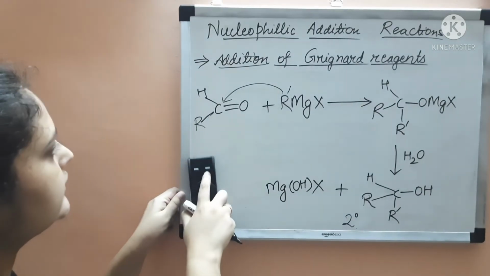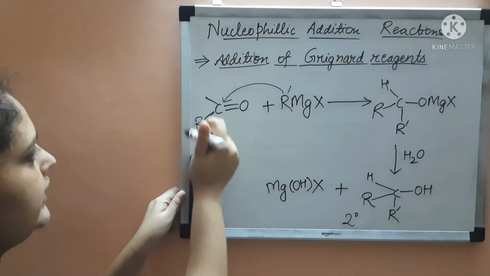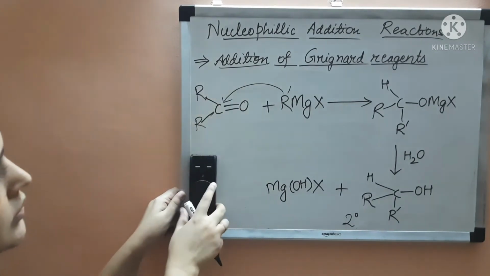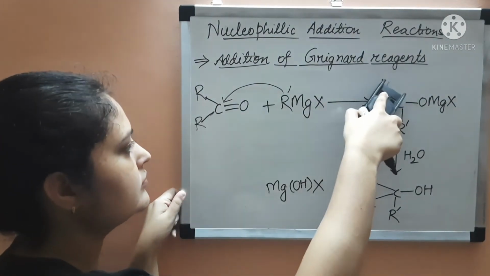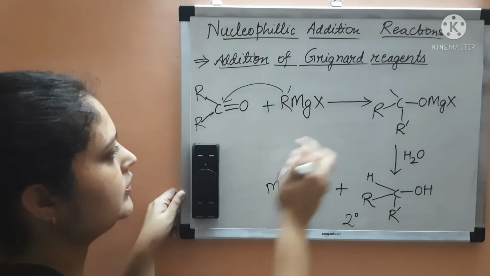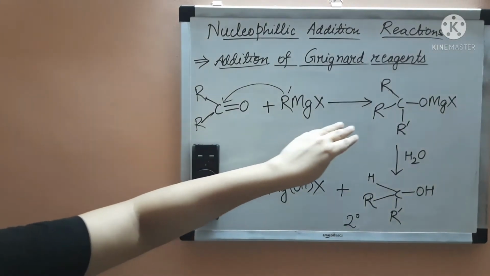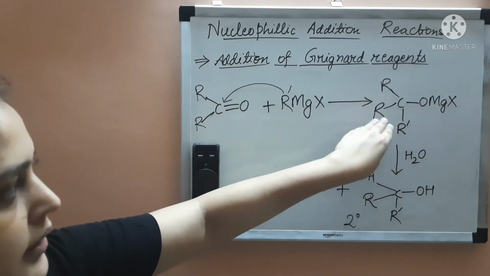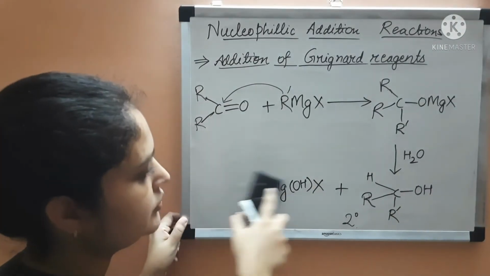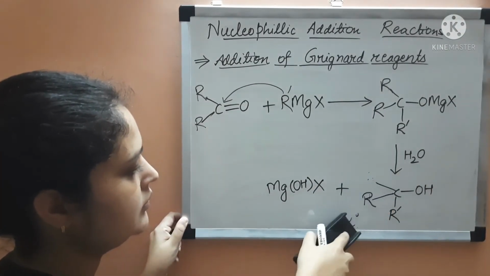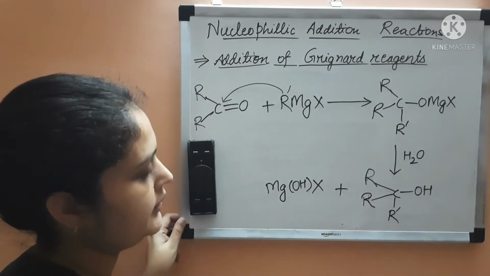Now third is the ketone. When you take ketone, then what will happen? Here there will be R group. You are adding R'MgX. So here you will get 2 R and third one is the R', and here also R and R'.